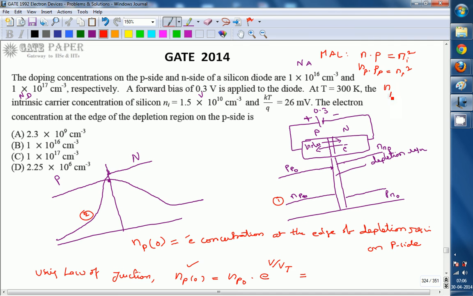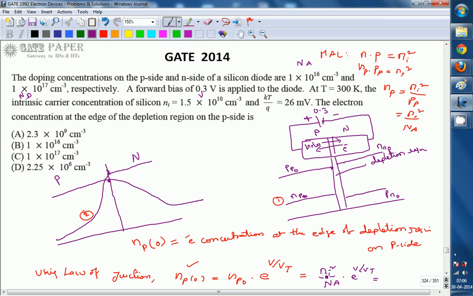So minority carriers are Ni square divided by PP, which is Ni square divided by Na. Now we use that equation: NP of 0 equals Ni square divided by Na into e power V by Vt.